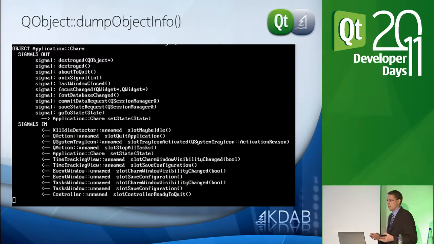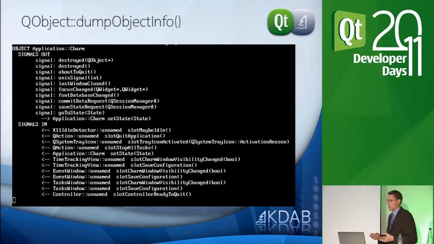There are a few more interesting methods for printing out information about a Qt object built into QObject itself. And that is dumpObjectInfo. That's the output we are seeing here. The interesting bit it contains is all inbound and outbound signal connections of that object.